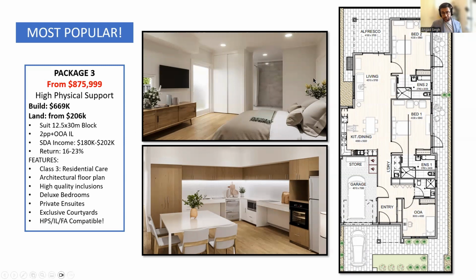The reason this package is so popular is because it can basically do all of those categories: improved livability, fully accessible, and high physical support. And because of the design, we still get strong feedback from providers and participants that it's highly desirable, and it's very versatile in that you can find a great estate, find a great block, and find a location that works for you and your provider.